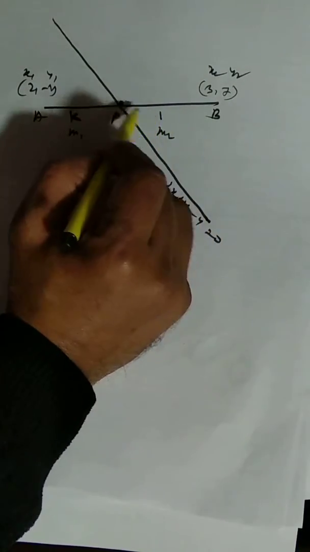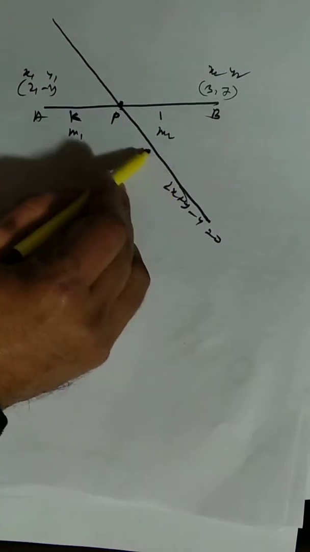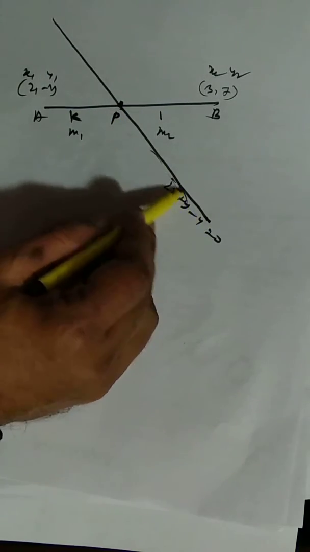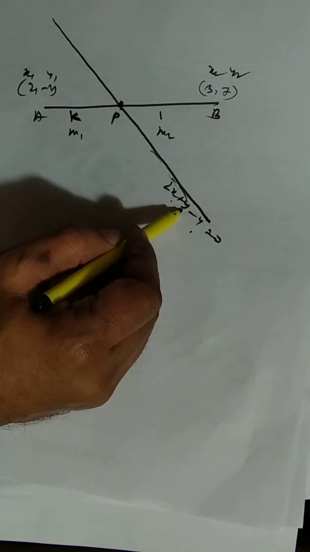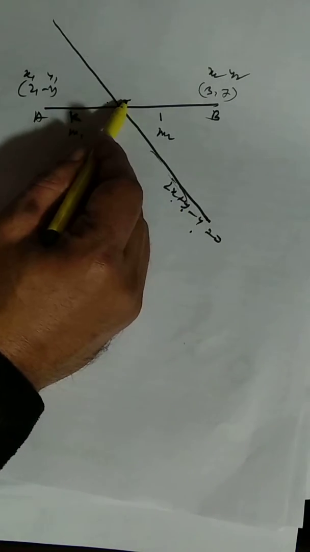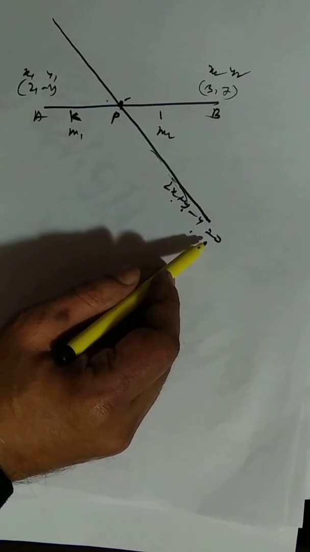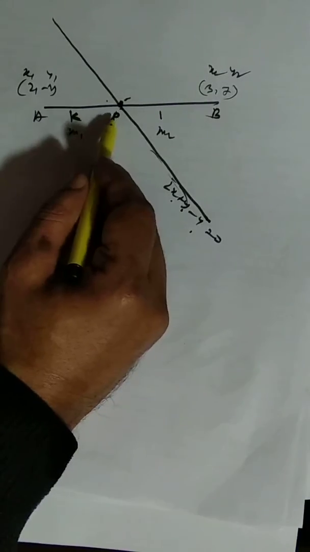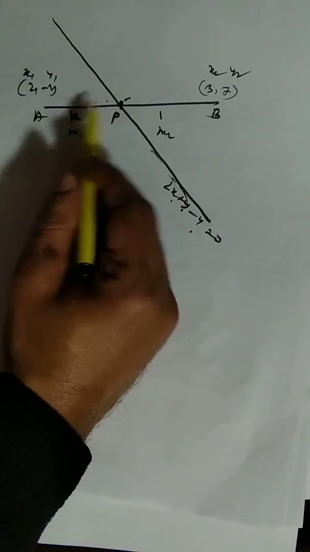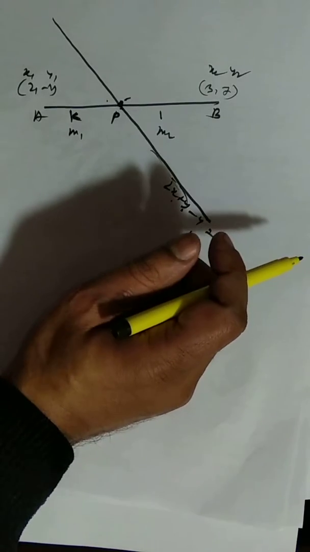Now, the x coordinate and y coordinate of this point lie on this line, so they will satisfy the equation. So you can put the value of x and y that you get from here, and then you can solve for it. You'll get the value of k, and you'll know in what ratio this line is going to divide line segment AB.